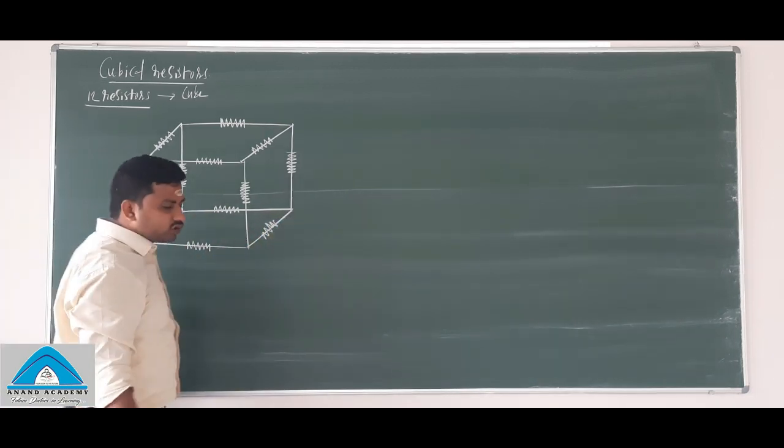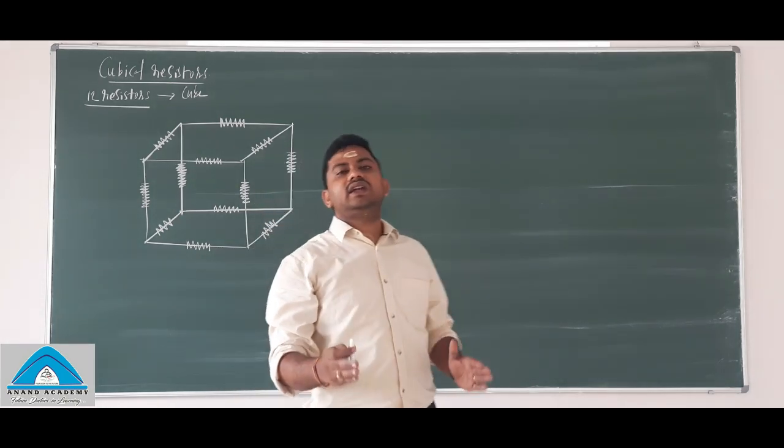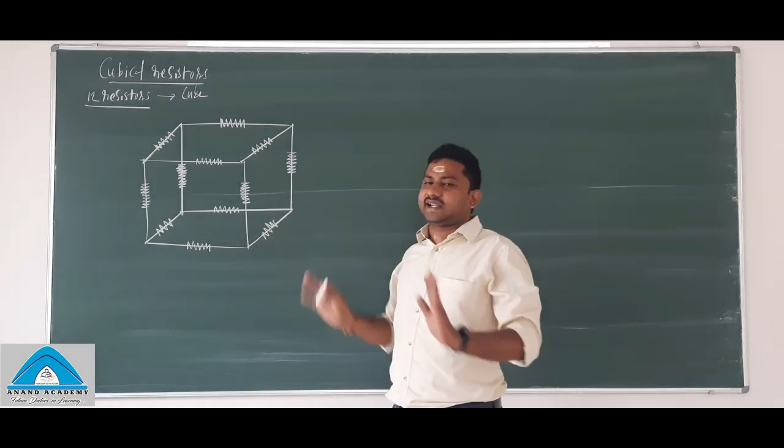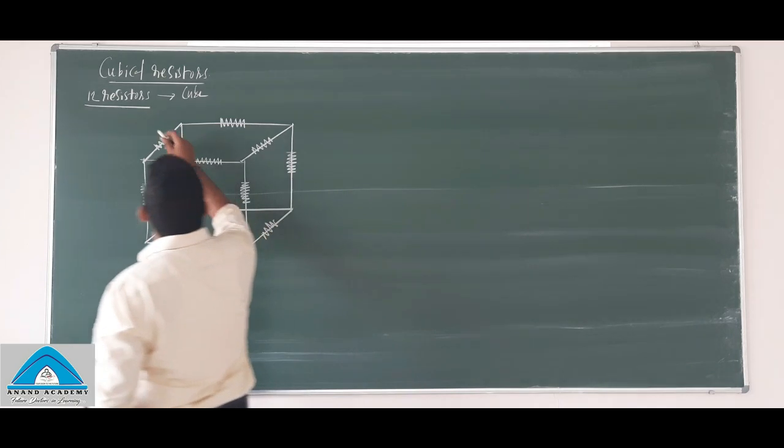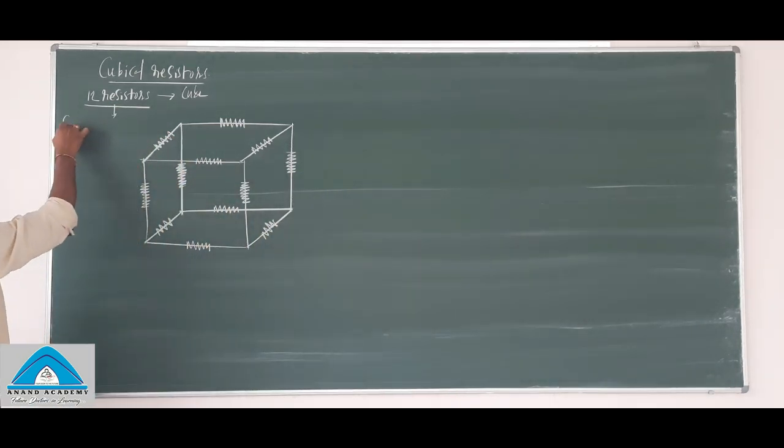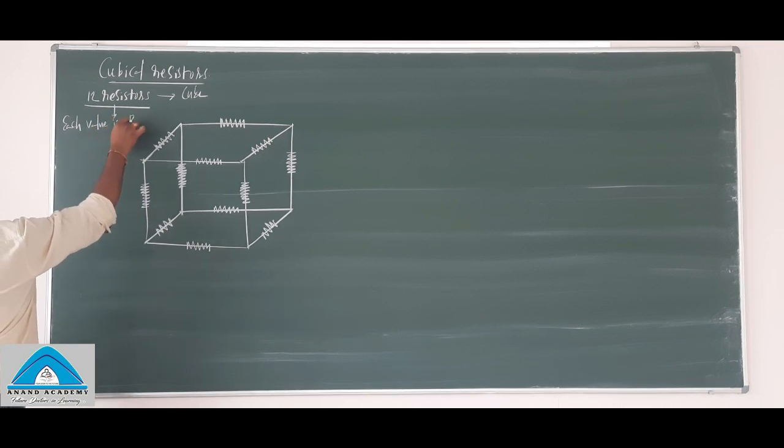You can count. 12 resistors are connected in this cubical structure. Each resistance is R. I'm writing here. Each value is R.